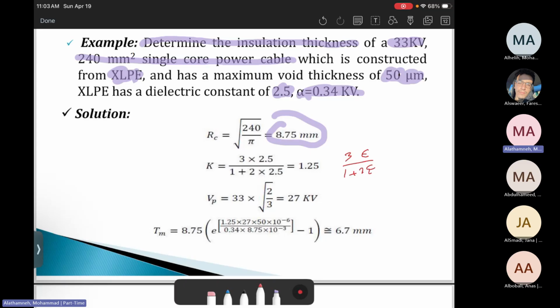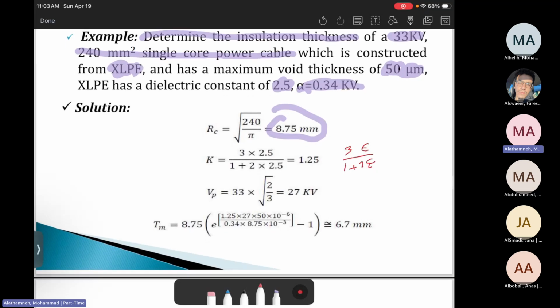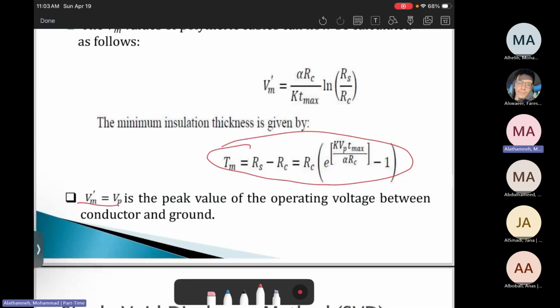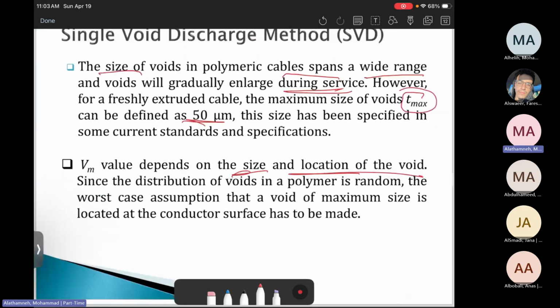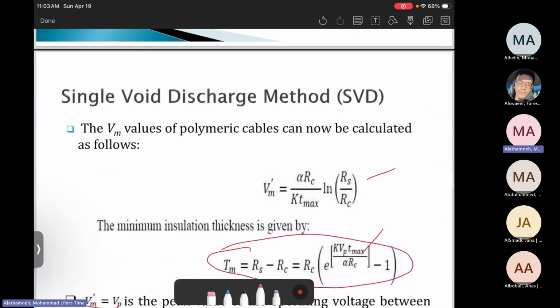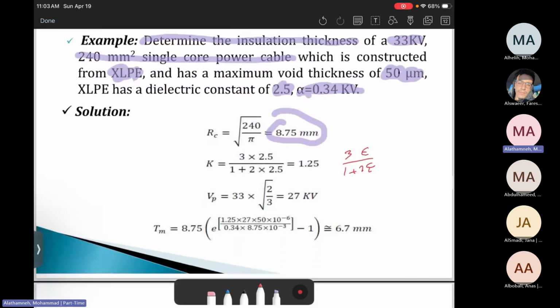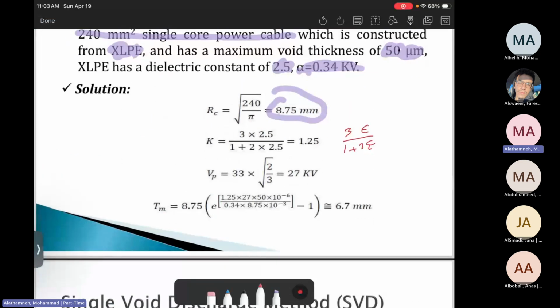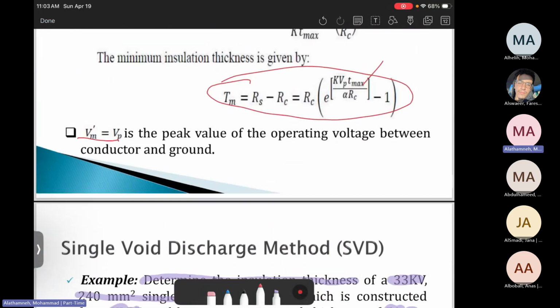Then VP, which is the voltage times square root of 2 divided by 3, is 27. Then TM equals 6.7, applying the formula. This is the maximum thickness.